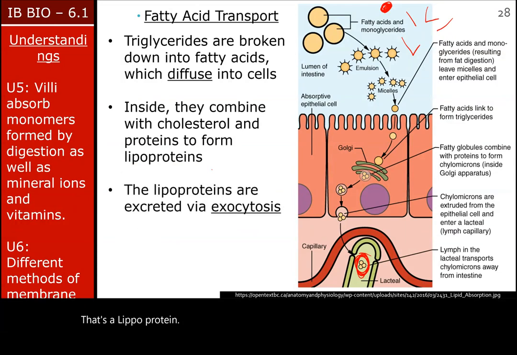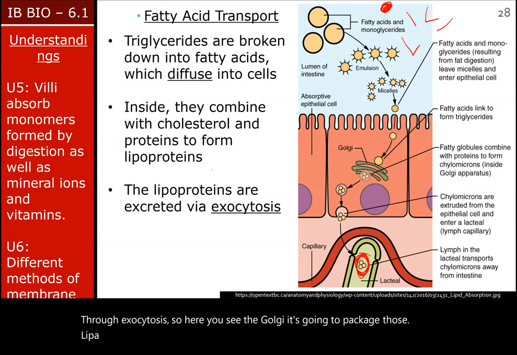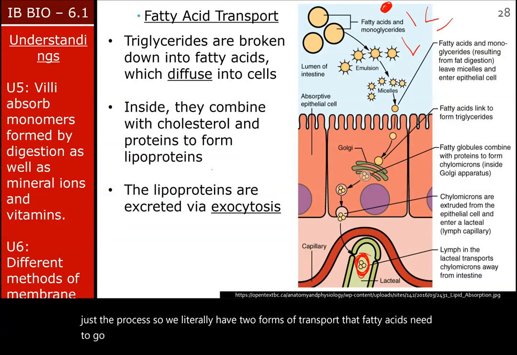And then those lipoproteins are excreted through exocytosis. So here you see the Golgi. It's going to package those lipoproteins and export them, and eventually they get into the lacteal. So that's just the process. So we literally have 2 forms of transport that fatty acids need to go through before they even get into the lacteal. So from the intestines, right?